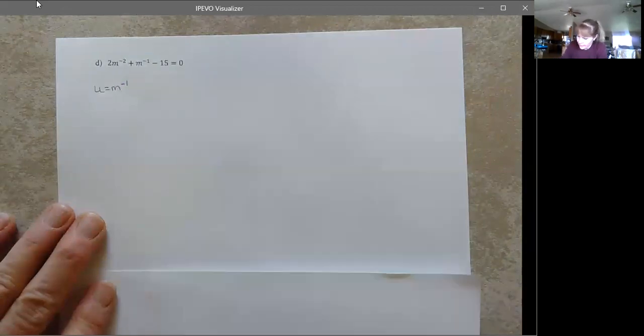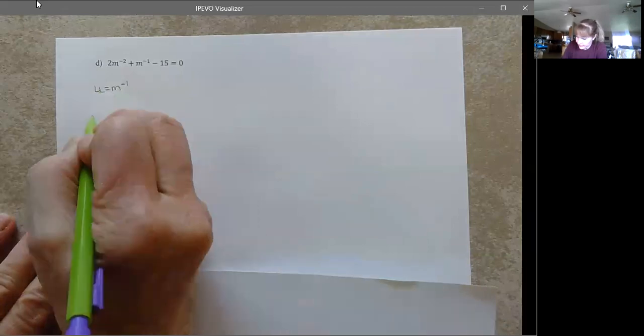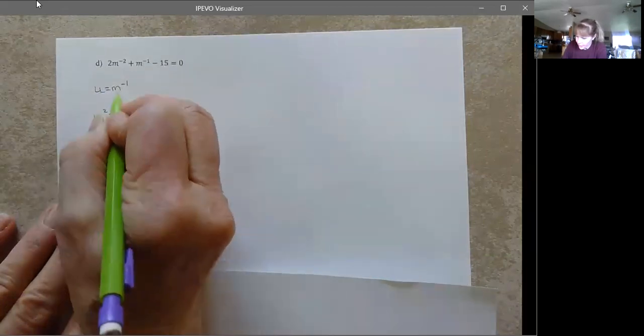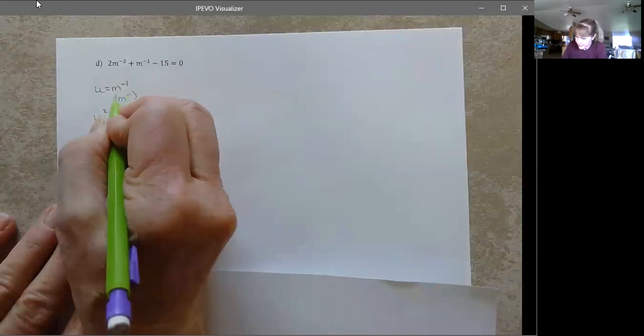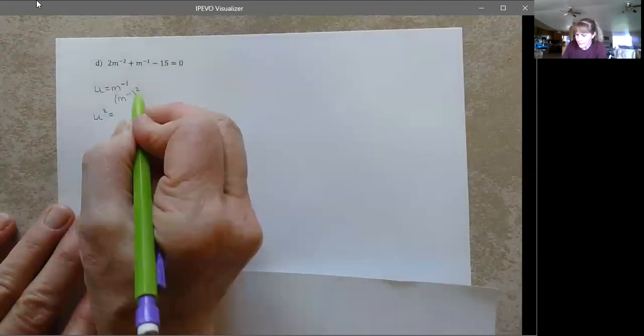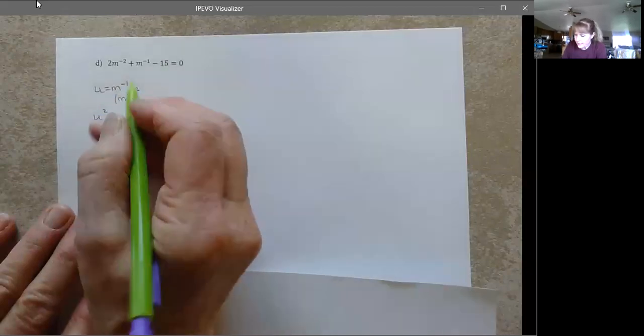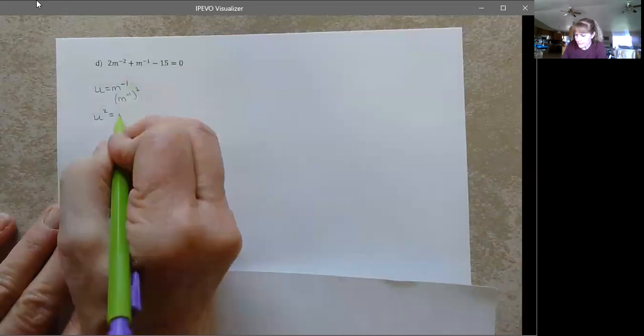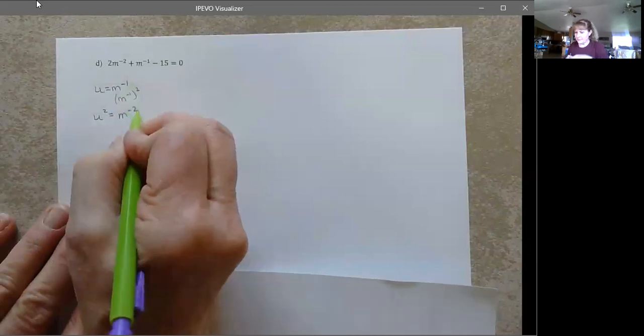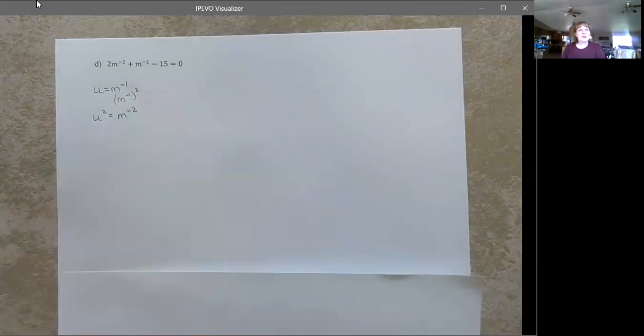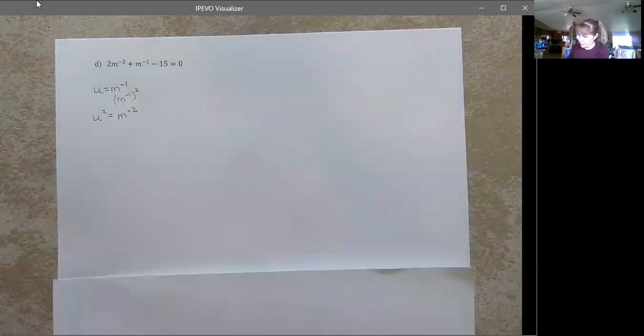When I square this, I get u squared. When I square this, you multiply a power to a power. That gives you m to the -2, which is what we wanted. So now we'll substitute it back in, which gives us 2.